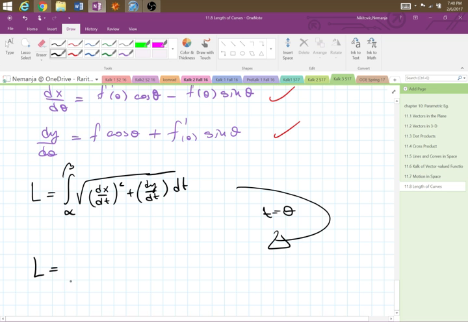The arc length becomes the square root of dx d theta squared plus dy d theta squared, and erase dt.